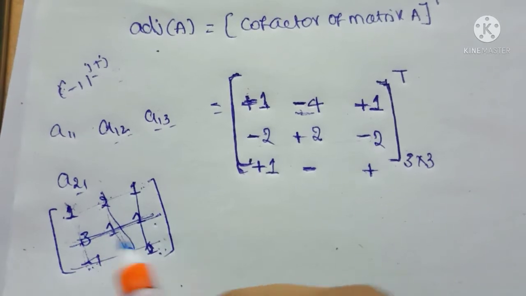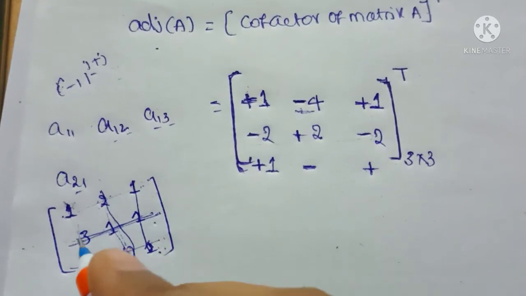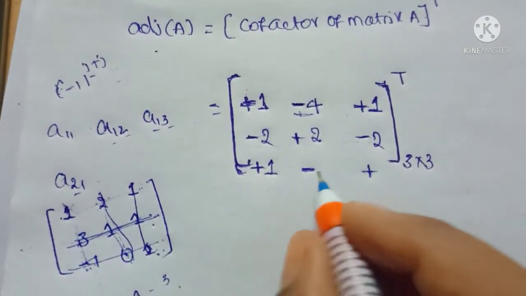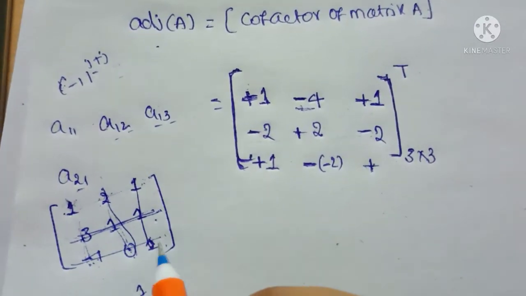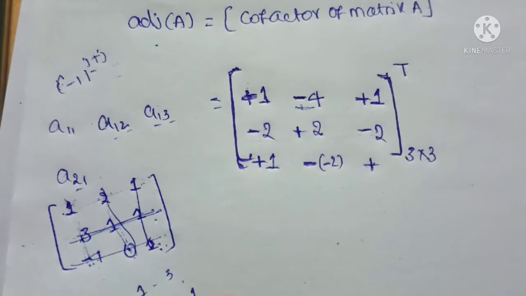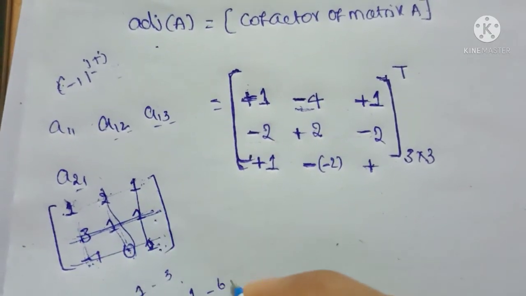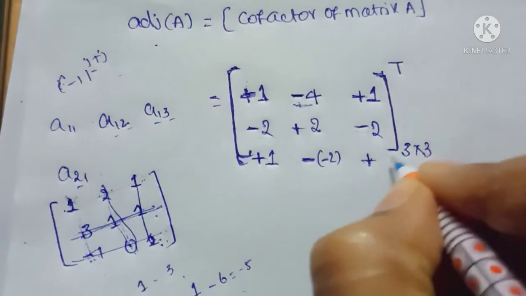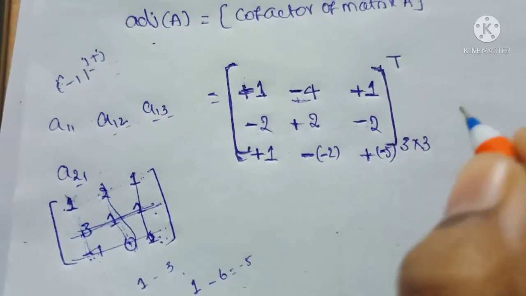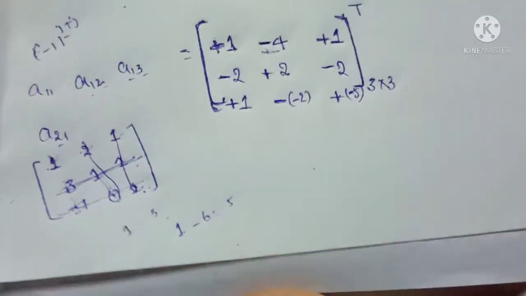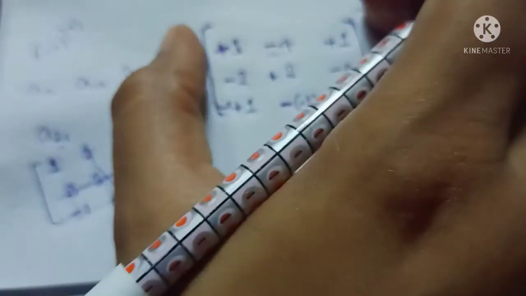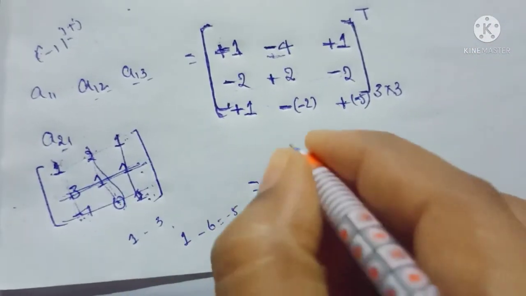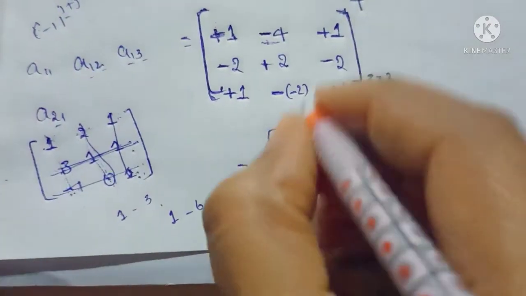Here 1 into 1 is 1, minus 3 into 1 is 3, so 1 minus 3 is minus 2. For this one, 1 into 1 is 1, minus 3 into 2 is 6, so we get minus 5. This is the cofactor matrix.